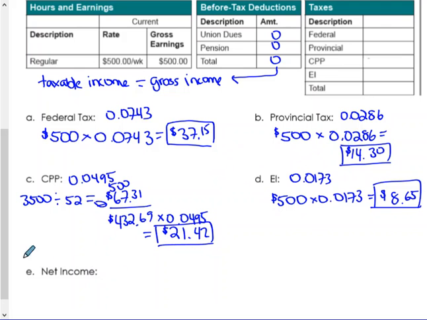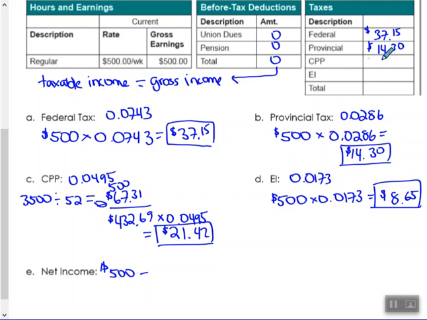Okay, so calculating our net income, it'll be all of our deductions, including before tax deductions, of which we had none, subtracted from our regular gross earnings. So it'll be $500 minus whatever we have in deductions. We can figure that out up here because we have to fill this in anyway. Federal tax is $37.15. Our provincial tax is $14.30.